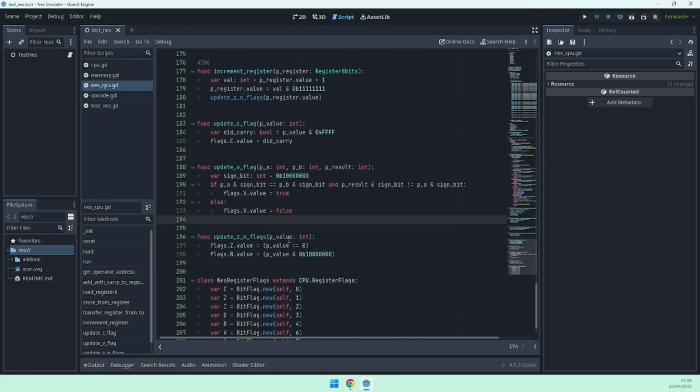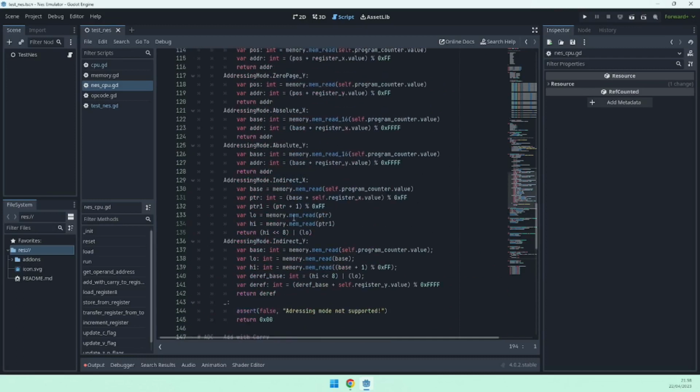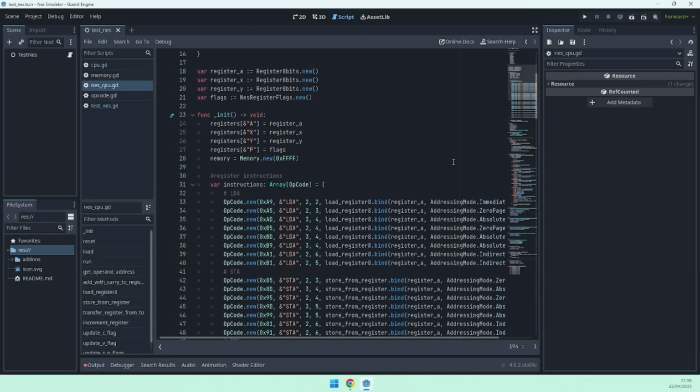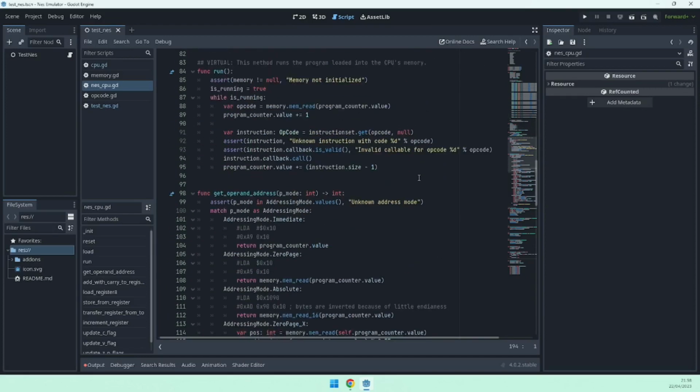Awesome. So we have carry flag and overflow flag, and we can use them for our operation.